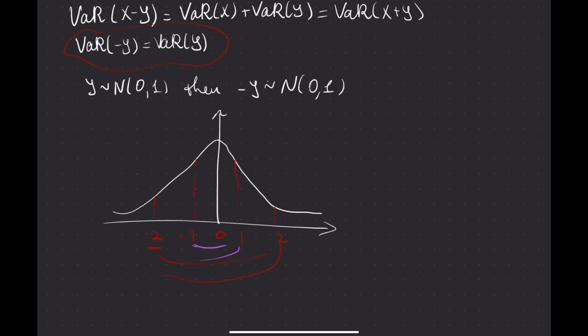You essentially just flip the distribution, but it's exactly the same with all the parameters, skewness, kurtosis, etc.